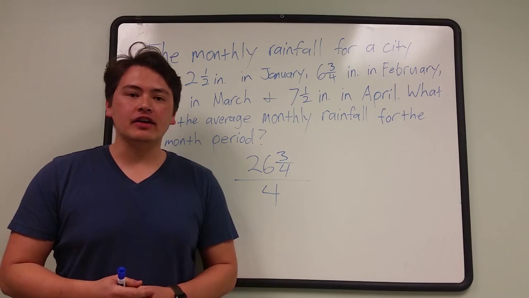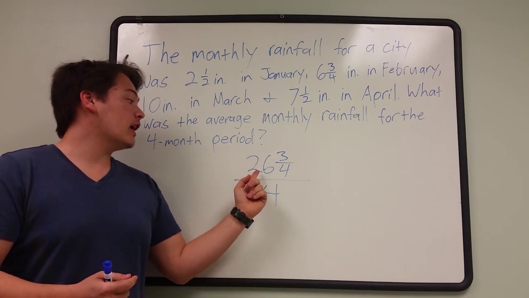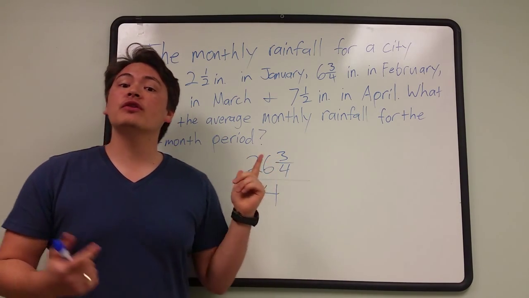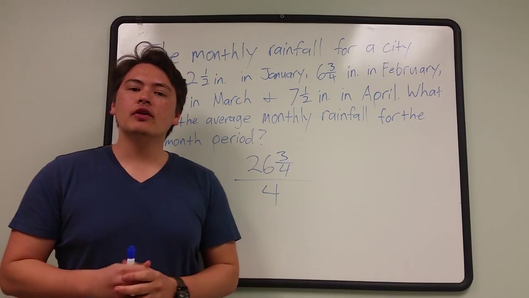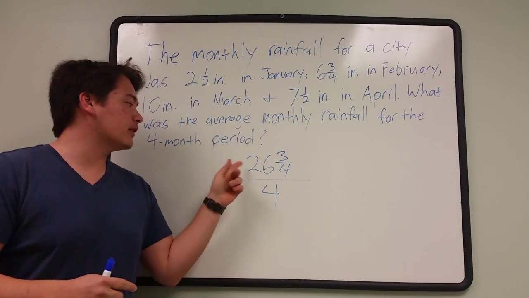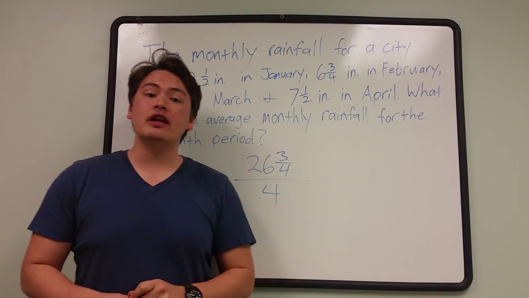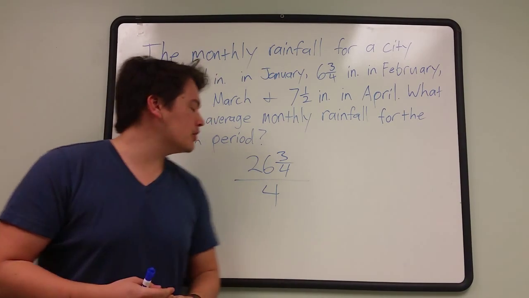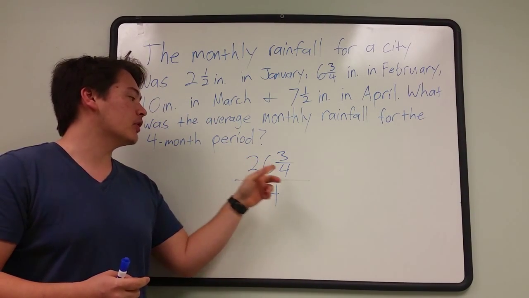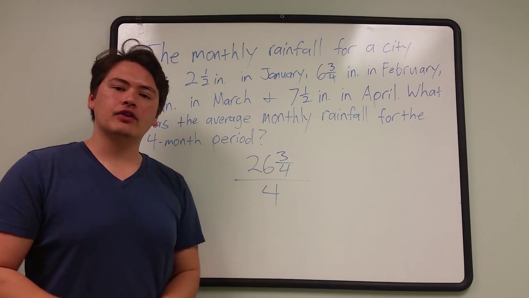So now that we've added all of the rainfall and it gave us 26 and 3/4, we're going to divide it by 4. From here, what I'm going to do first is make this 26 and 3/4 into an improper fraction. So I'm going to multiply the whole number by the denominator and then add the numerator.